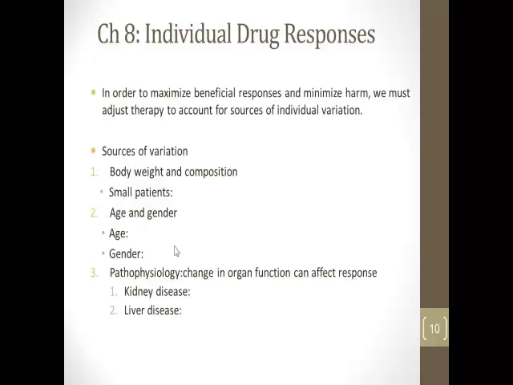So the first one, body weight and composition. Obviously, smaller patients need a smaller dose, but the way to actually determine the dose is by looking at body surface area. That's what BSA is, and it's more accurate than just taking a gross weight of the patient. Age and gender also have an effect.